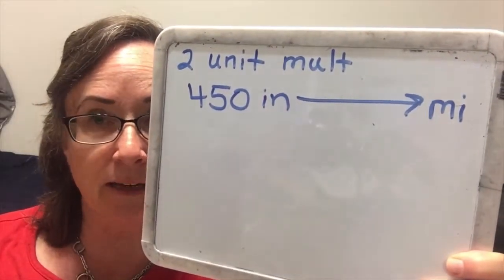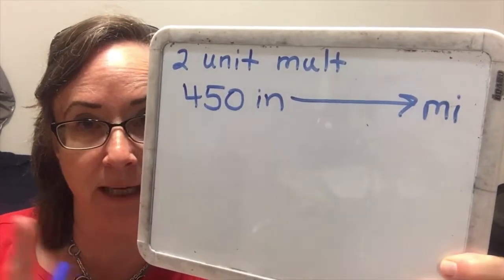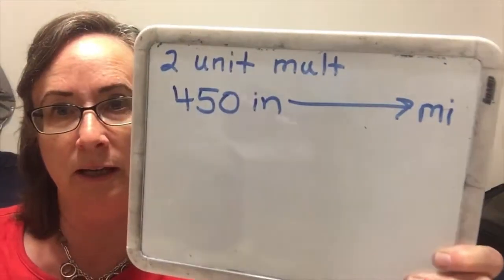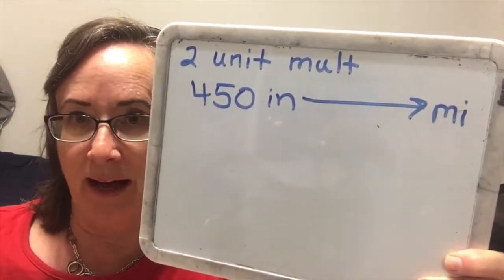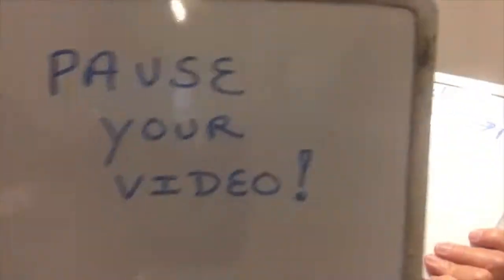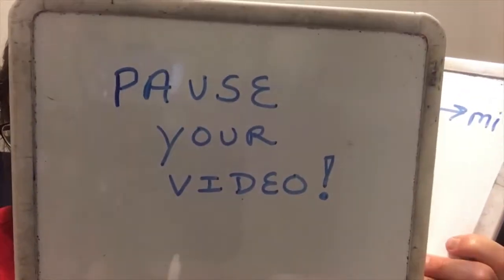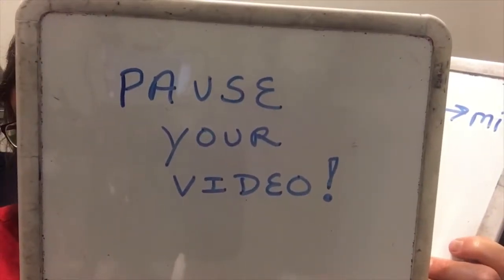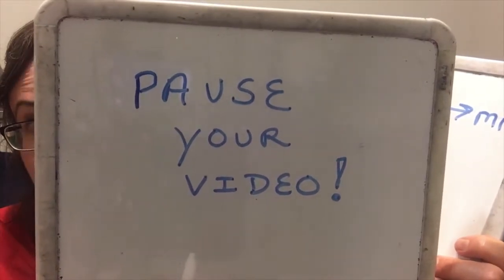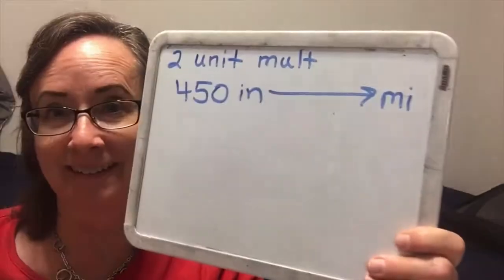Okay, now I know how to get from inches to feet and from feet to miles. So I'm glad we get to use 2 unit multipliers. Okay, so I want you to copy down the problem, and this time I want you to pause your video and do your work. Try to get to the answer before you look at how I did it.